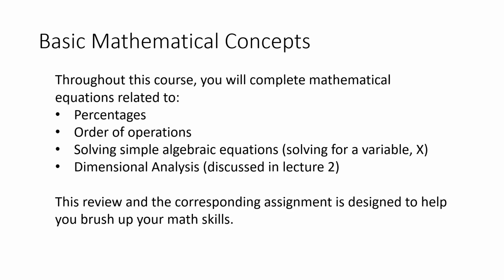In this course, you will need a scientific calculator. I recommend this Texas Instrument that I've had for like 20 years now. It's a TI-30X2S, but any type of scientific calculator will work.